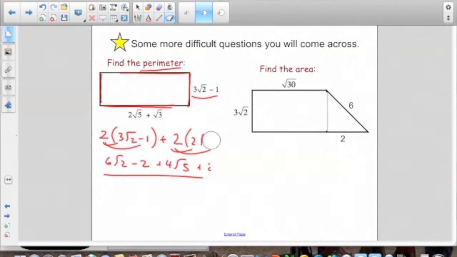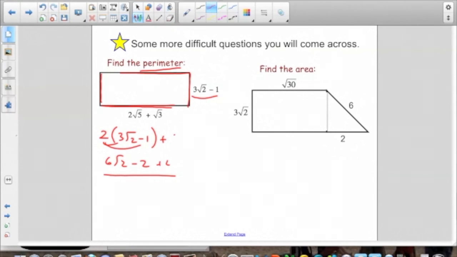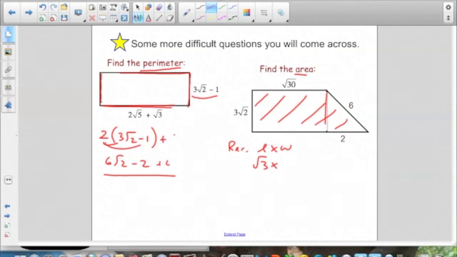All right, the next question over here is we're trying to find the area of this whole thing here. Well, you divide it up into 2 shapes because you have a triangle and you have a rectangle. Well, let's do the rectangle. The rectangle we know is length times width is the area. So we go root 30 times 3 root 2. So that is really 1 there.